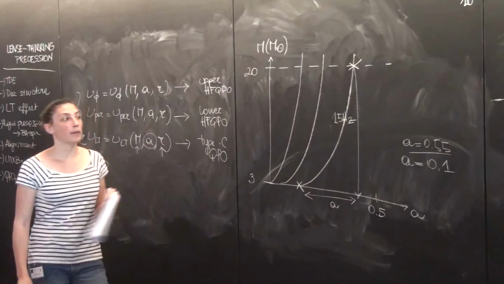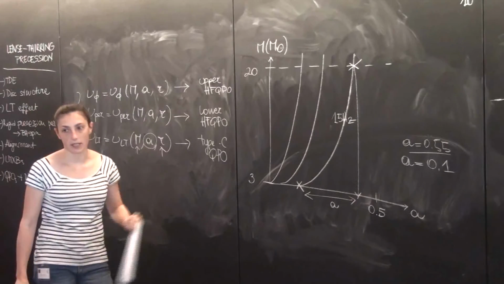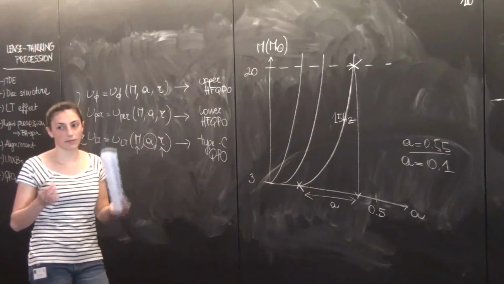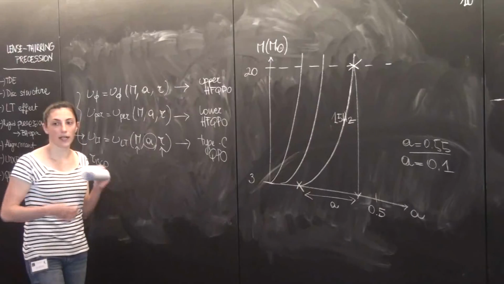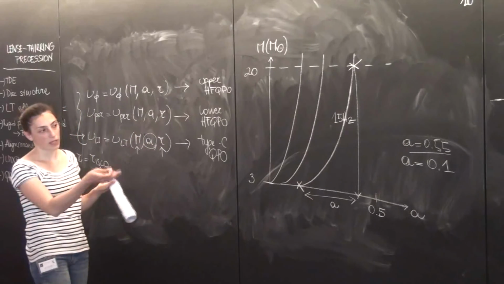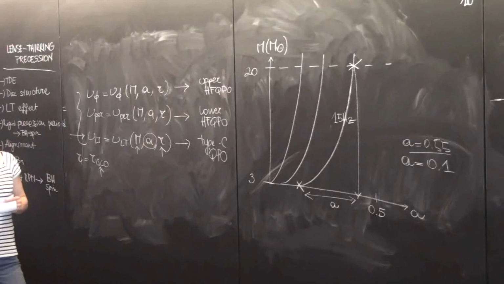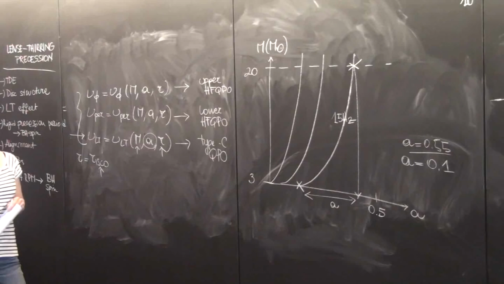No, but it changes slightly with the frequency. Even if this is not the highest type C QPO, then we have another upper limit, but it's not that far away from 0.55.